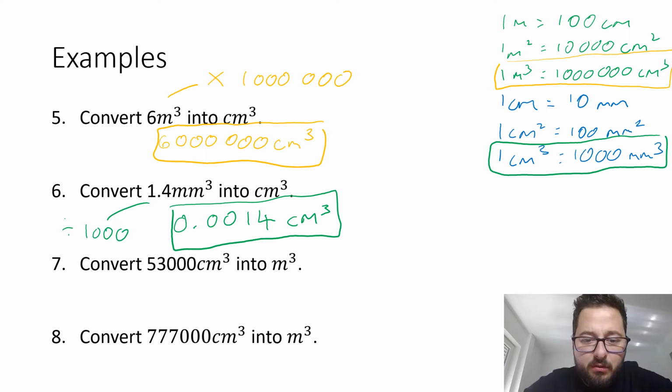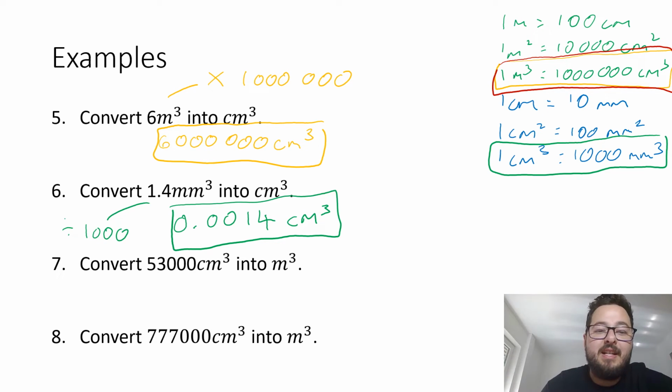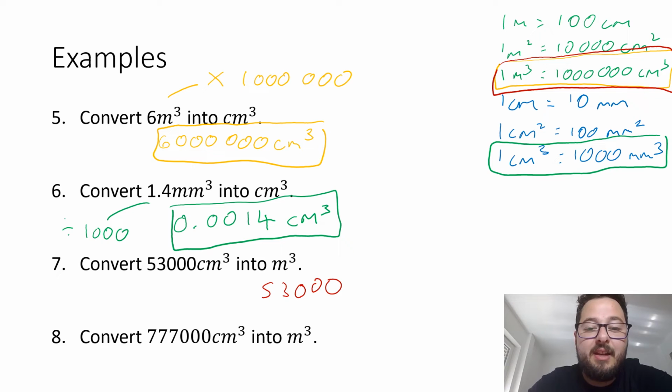All right, next one. We want to convert 53,000 centimeters cubed into meters cubed. So again, I want to use this one here. And so I'm going to divide by 1,000,000. Let's just have a quick practice at dividing by powers of 10. So we've got 53,000. We're dividing by 1,000,000.